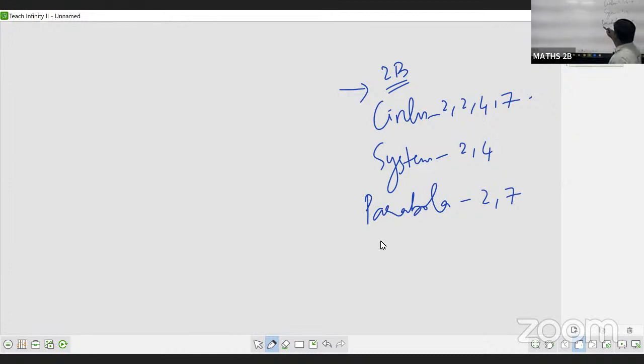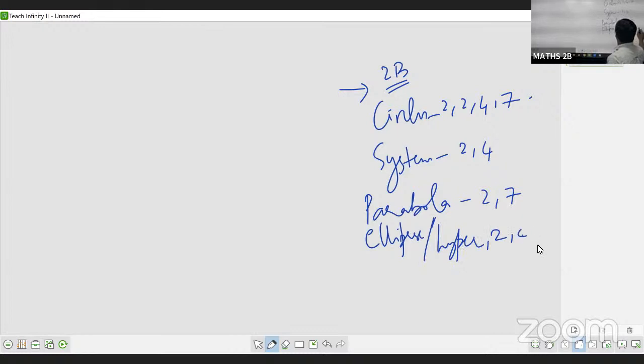Next, ellipse and hyperbola. I did 2 mark in hyperbola, 4 mark in ellipse and hyperbola, 2 mark, 2 7 mark.